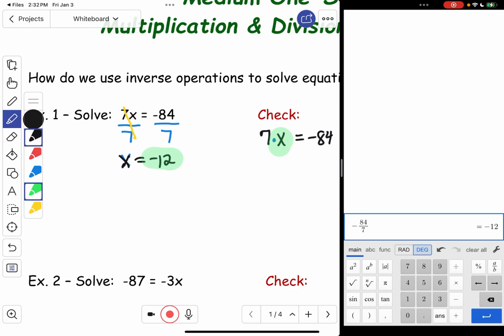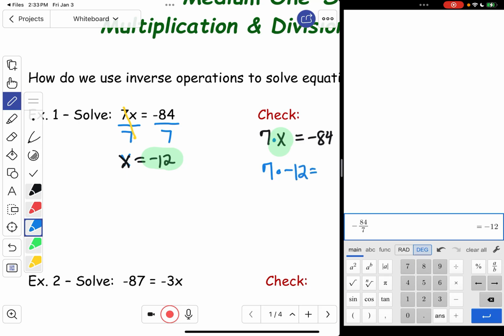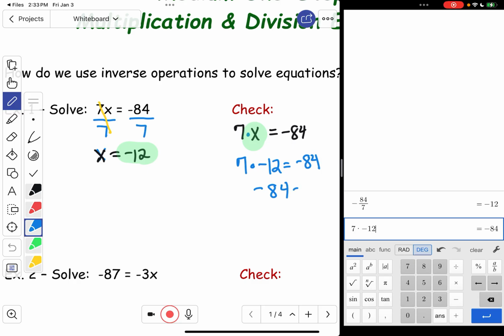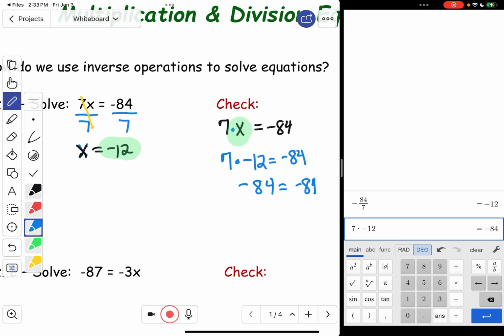So instead of 7 times x, we say 7 times our answer, negative 12, and we check: does that really equal negative 84? Going to our calculator, 7 times negative 12 does equal negative 84. Since we have the same number on both sides of the equation, our equation checks, and we should have done that correctly.